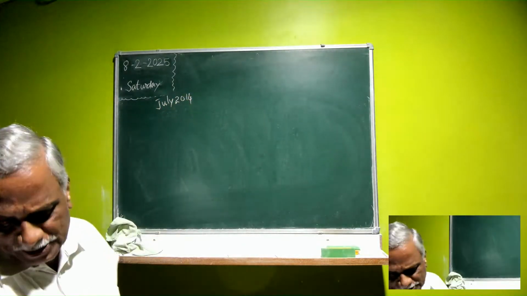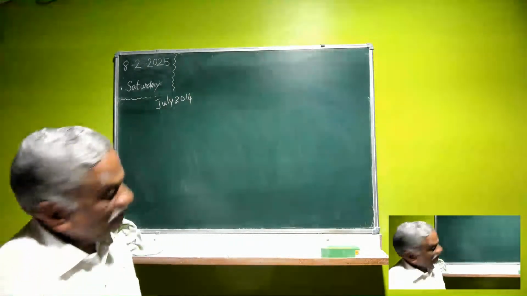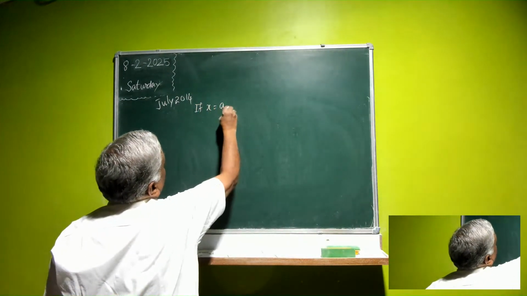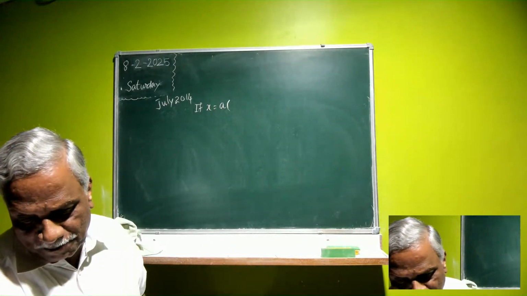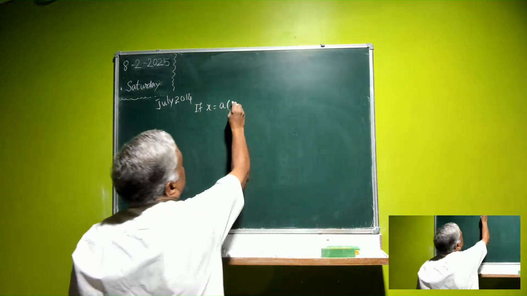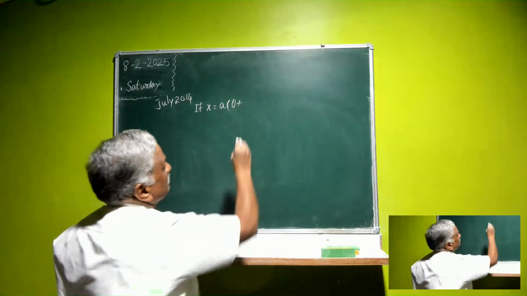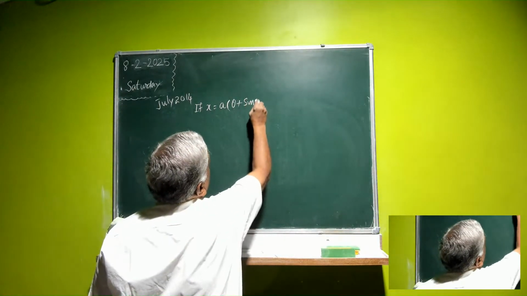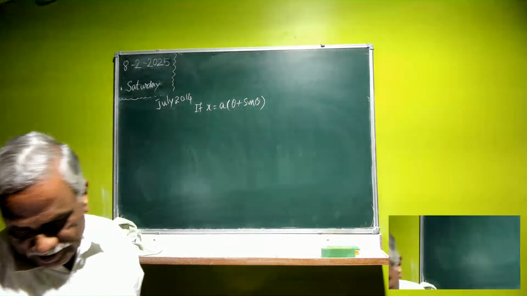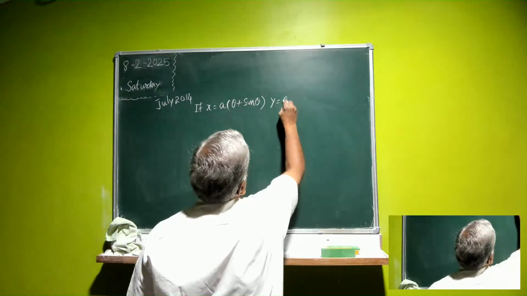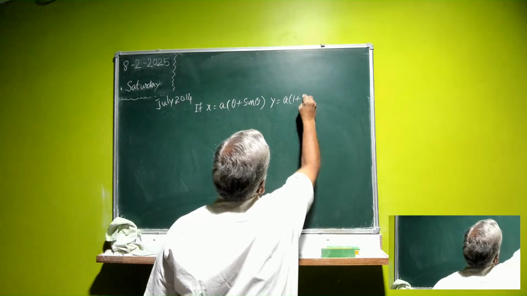Most of the years it was parametric only. If x is equal to a into theta plus sin theta, this is comparatively easy. Compared to the previous problem, this is easier. y is equal to a into 1 plus cos theta.